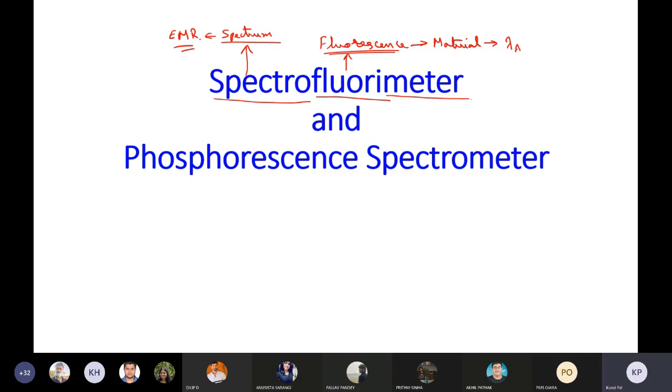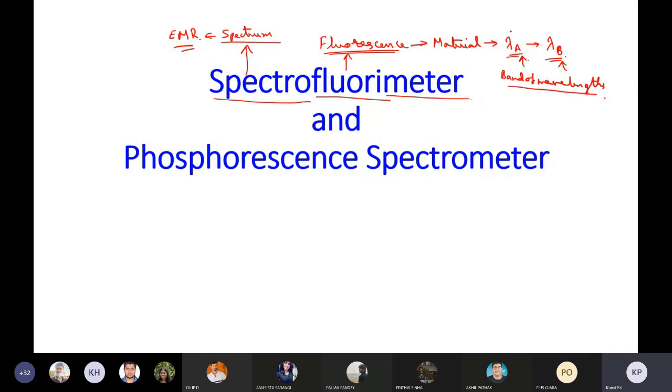So lambda A is the specific wavelength at which it absorbs the light, and it emits light at a specific wavelength B. Even though we call it a specific wavelength B or A, they are also basically a band of wavelengths.